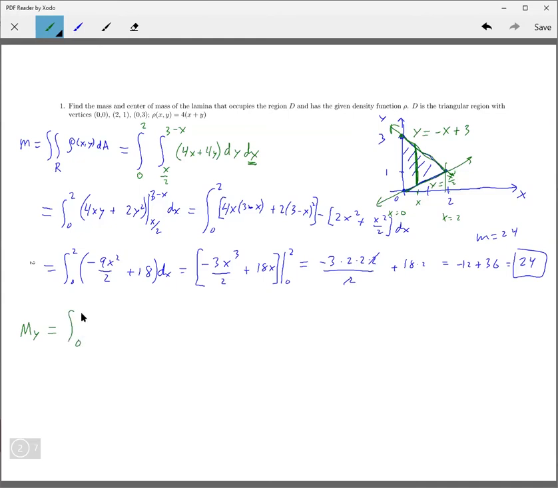And that one, fortunately, you can just copy down the same limits of integration. And the difference is, instead of integrating this, you're going to integrate x times that. Okay, so you multiply everything by x. That's 4x squared plus 4yx.